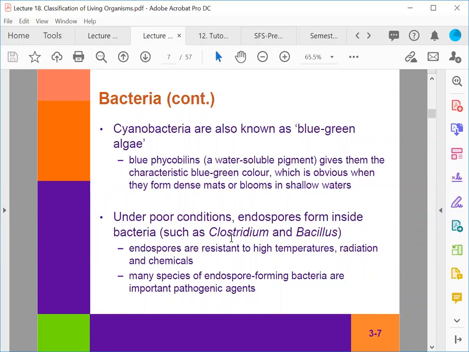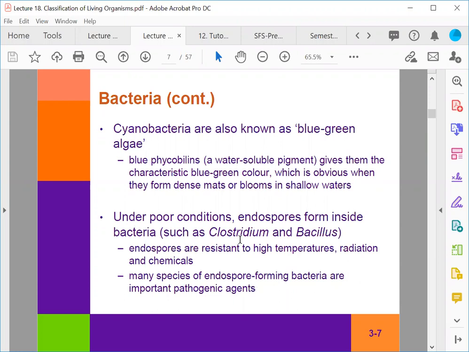So here are two genera of bacteria, Clostridium and Bacillus, that can produce endospores. The reason these are important is because many species of these endospore forming bacteria are very important pathogenic agents. If we think about the species Clostridium tetani, that bacterium that produces endospores causes tetanus.